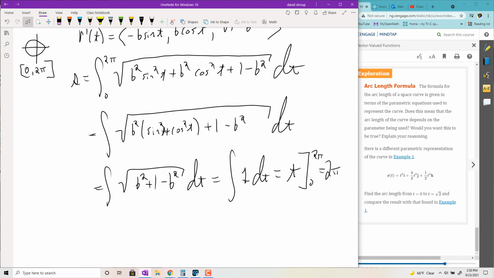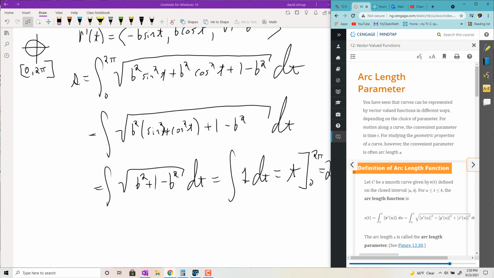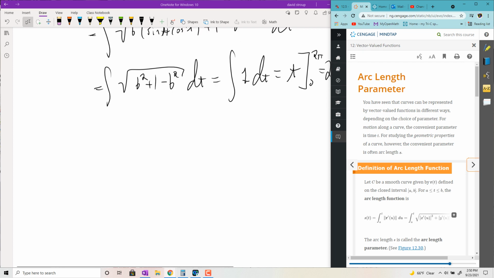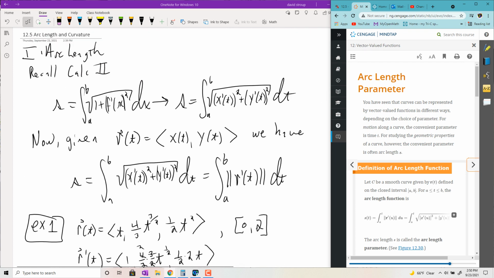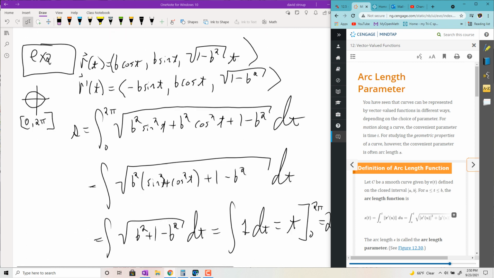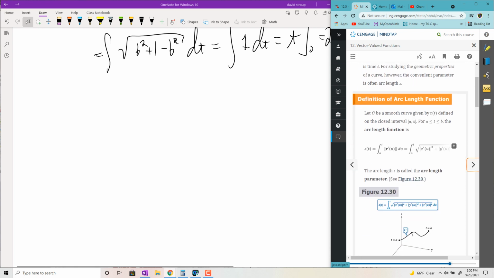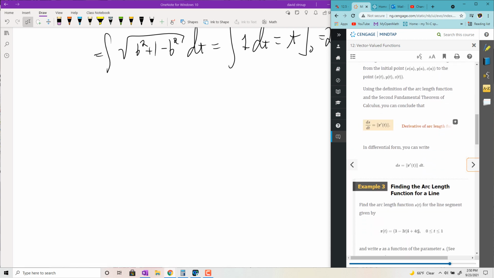Okay, great. So pretty simple. The next part is this stuff about arc length. You could basically use a dummy variable and produce a function in terms of t that tells you the arc length if you're so inclined. The advantage of the arc length parameter, you're going to see, is that it lessens computations when you're doing things like finding curvature, which we're going to be doing in a couple seconds.